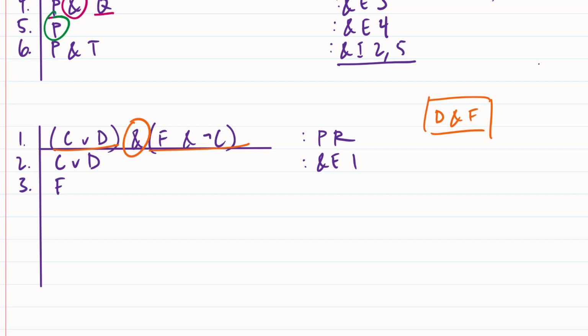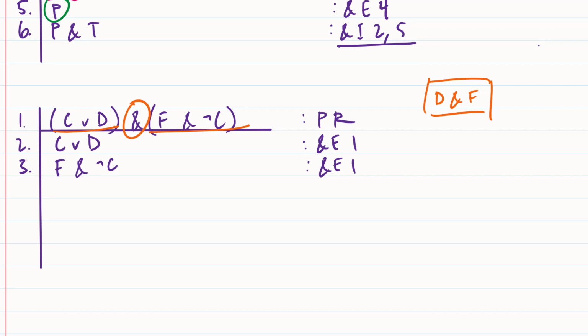Conjunction elim 1. Okay, so we want D and F. If we're just thinking about where we're going, we want to have this F and this D combined in a conjunction.